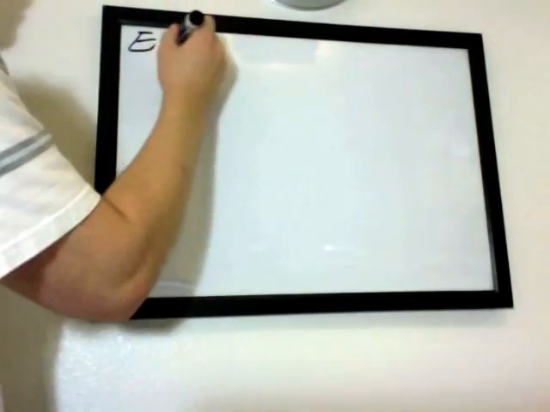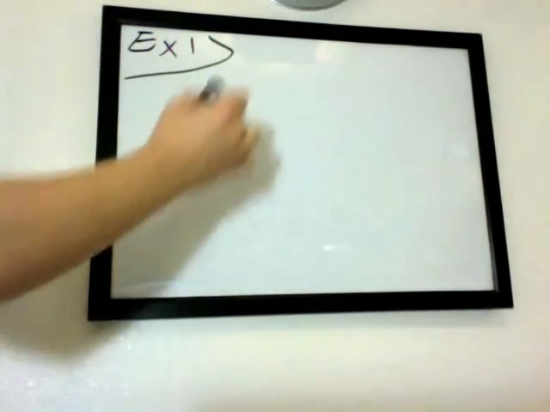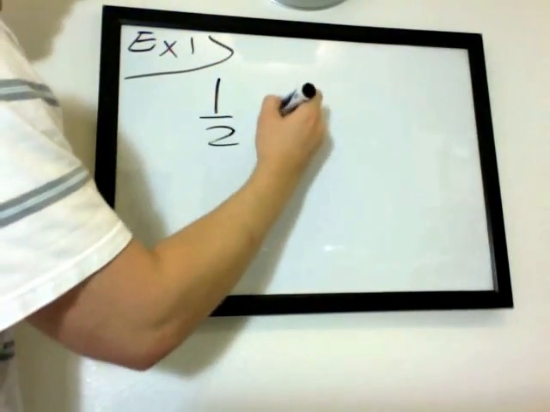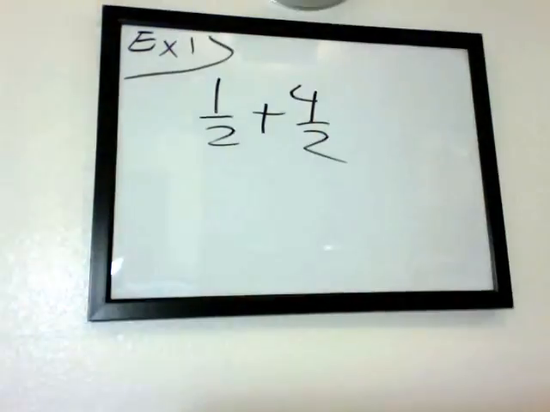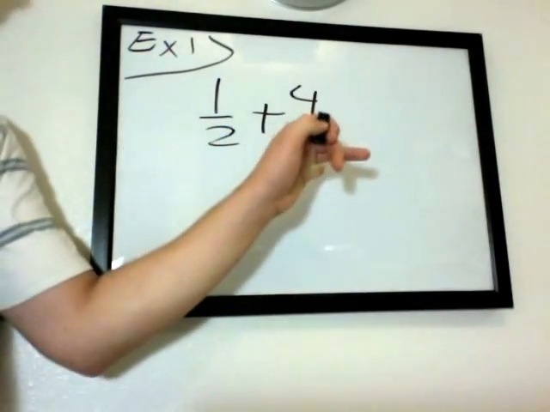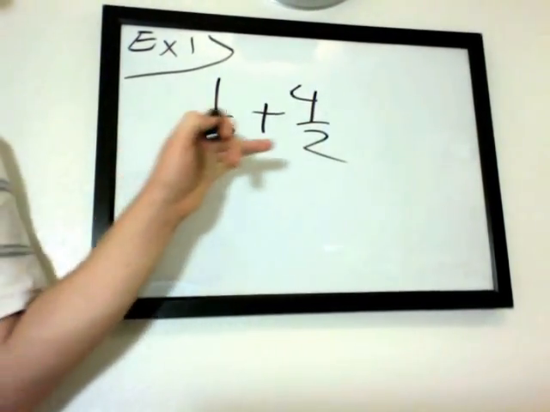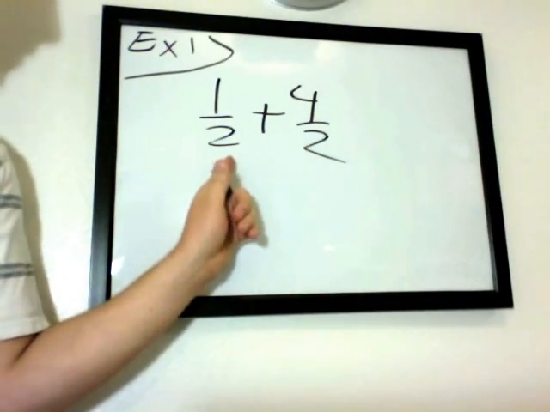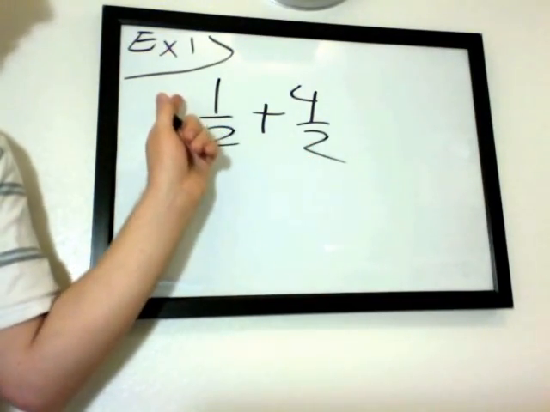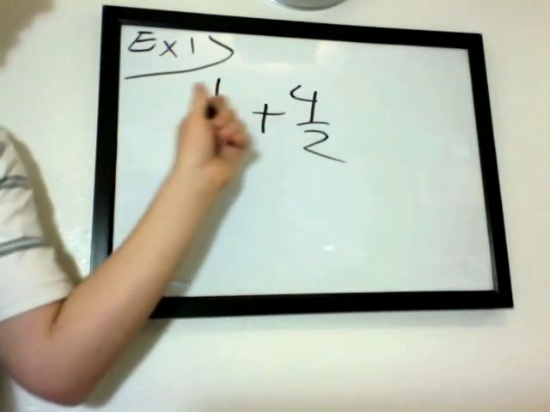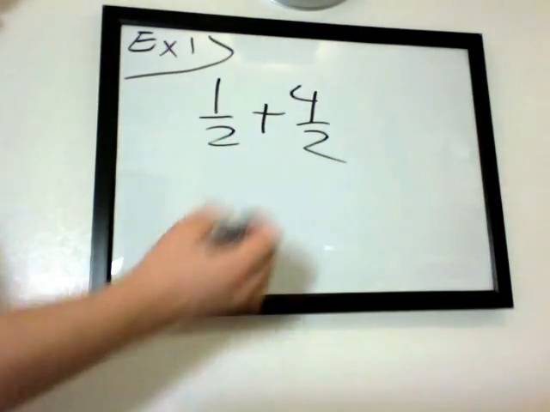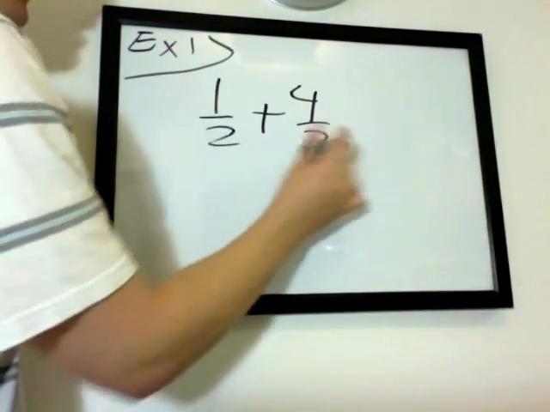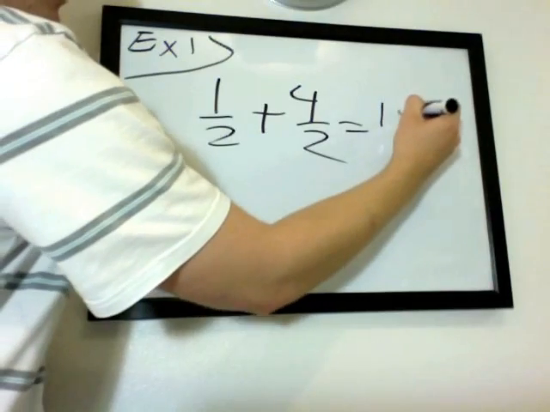Adding fractions. Example 1. Let's take 1/2 plus 4/2. Now, you can add these together simply without changing the problem if the denominators are the same. So we have a 2 and a 2 here. All you have to do is add the numerators together, 1 plus 4, and the denominator stays the same.